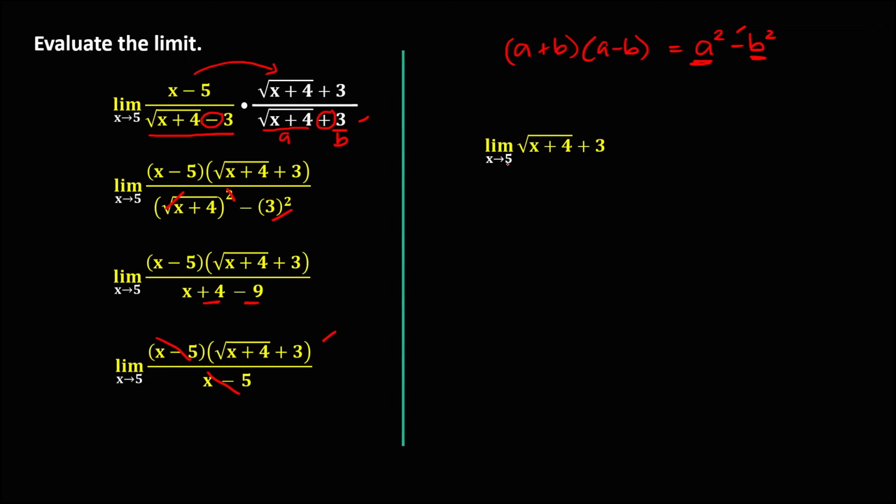Then we can substitute this positive 5 for x. So this becomes the square root of 5 plus 4, then plus 3. 5 plus 4 is positive 9, and the square root of 9 is positive 3. So we have 3 plus 3, so the limit is equal to positive 6.